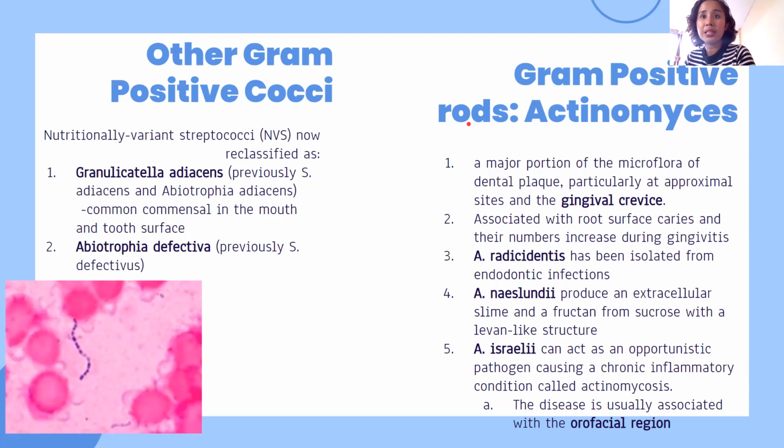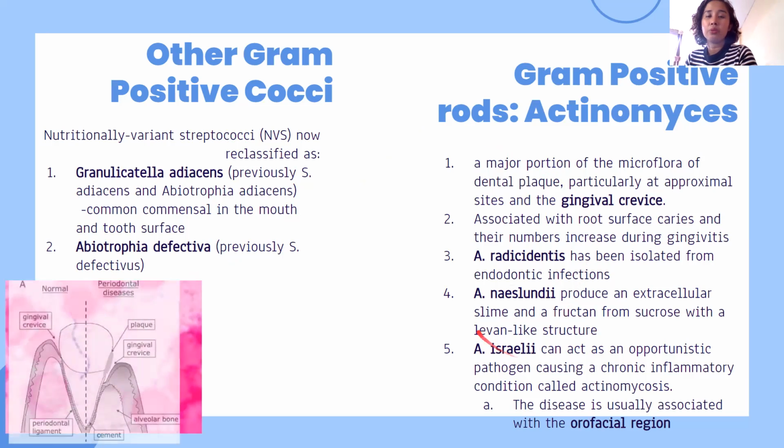Gram-positive rods, so bacilli, are found in the gingival crevice. We have Actinomyces radicidentis, naeslundii, and israelii. Israelii can act as an opportunistic pathogen.